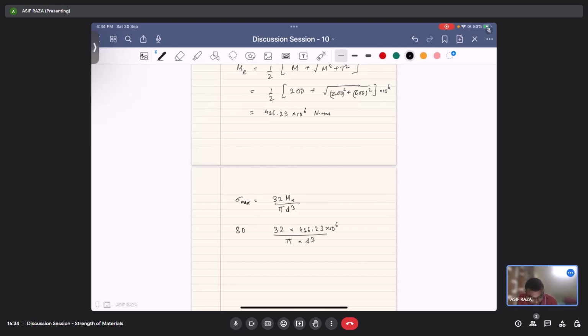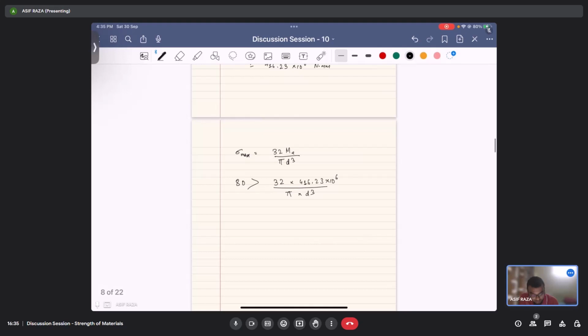The stress generated due to this equivalent bending moment should be less than this design stress.